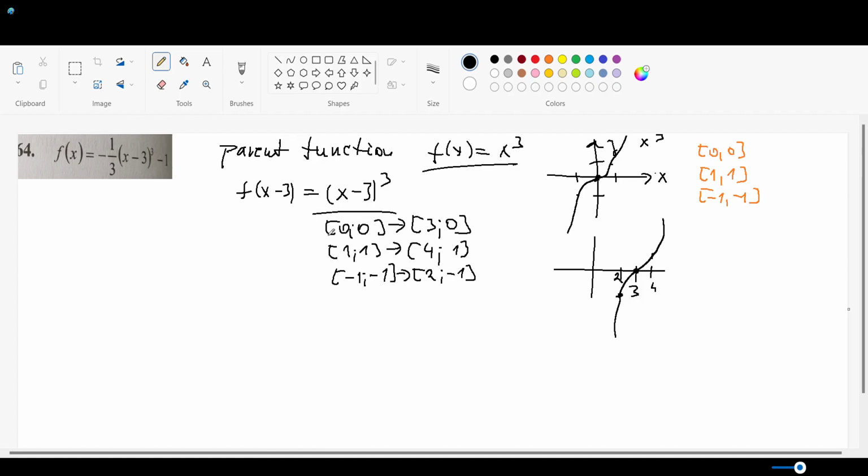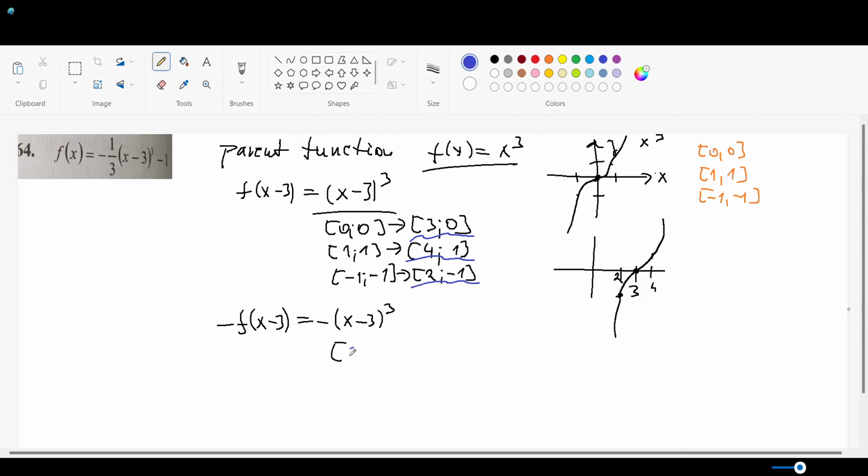The next thing we want to apply is this negative sign, which means we multiply all the y values of our function by negative 1. So let's have a look at this function, which is given by this definition, to the power of 3. As this is our second transformation, we will take all these points.